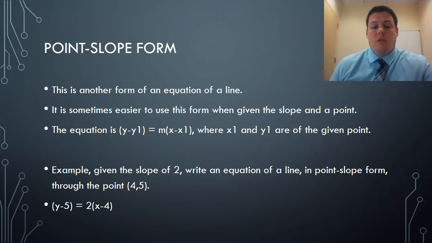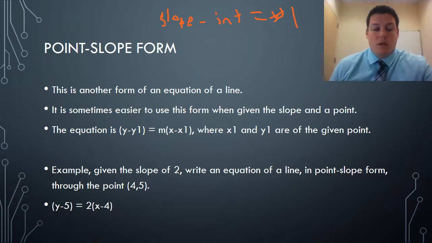So an alternate form, remember the other day we did point or slope intercept. We're going to use that most of the time. But I'm going to show you why knowing these two forms could be helpful. Sometimes it's easier to use this form when given the slope and a point.